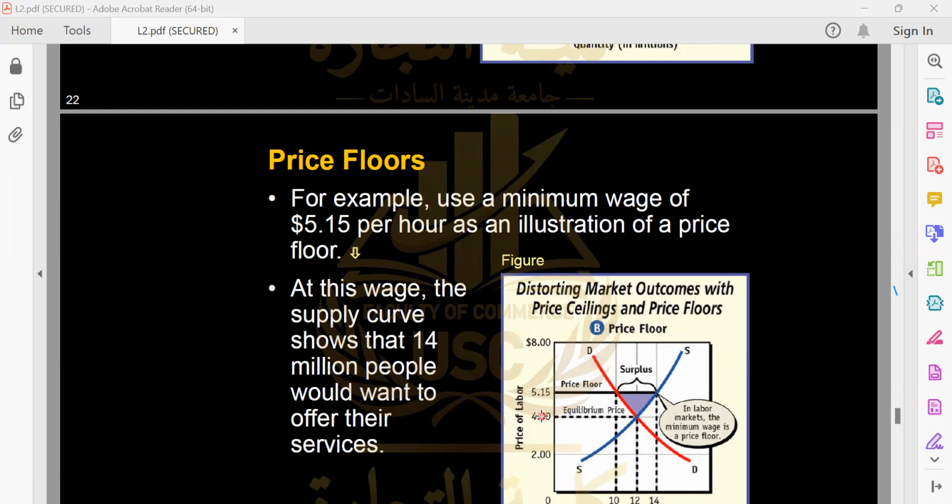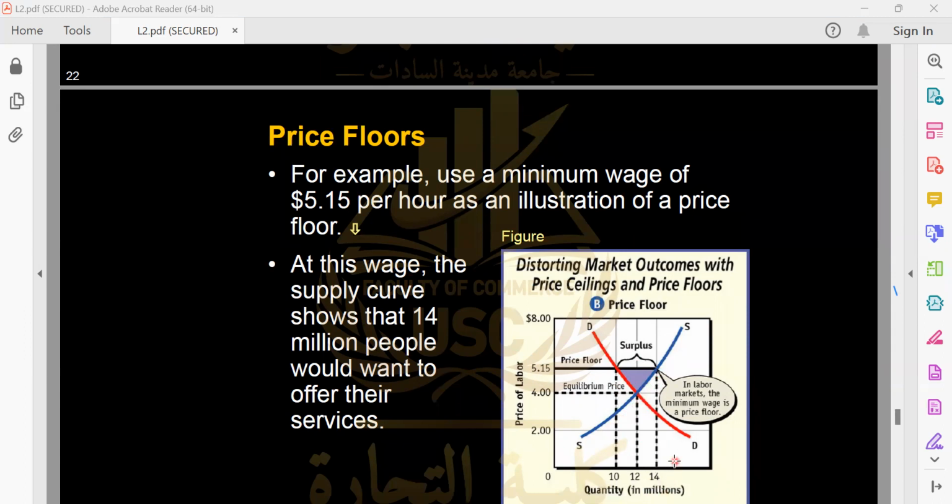So the price floor is above the equilibrium, not below the equilibrium. At this wage, the supply curve shows that 14 million people want to offer these services.